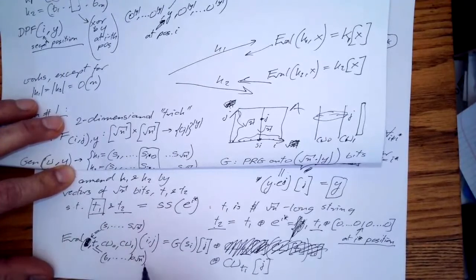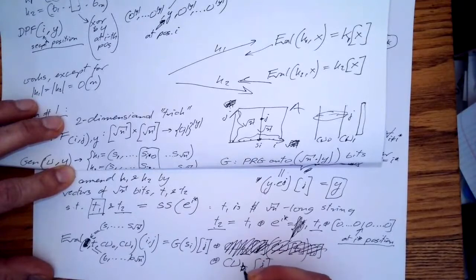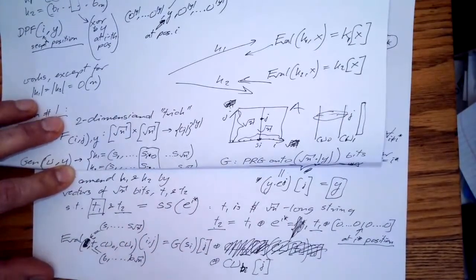T1 is some sequence of bits like this, and T2 is some sequence of bits like this, where T1 and T2 are the same sequences, except at position I star. So using this notation, this is the I-th bit. Now I don't have this double usage of the T subscript.